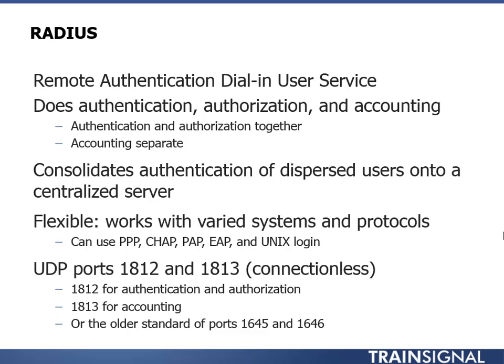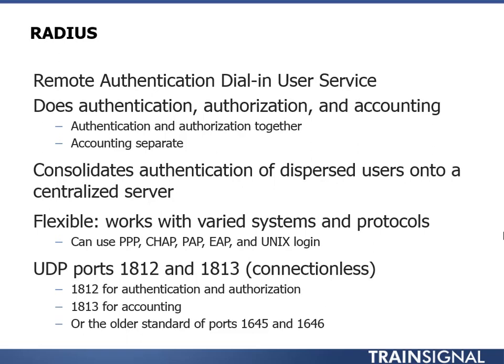But basically RADIUS allows dozens or hundreds of different dial-up servers, VPN servers, networking equipment to check the credentials of devices that want access against a central server. And because it's old and open and standardized, it works with just about everything. Unix machines, all sorts of VPN servers, Active Directory. In other words, you can log into a dial-in server or a hardware VPN device and go through a RADIUS server to authenticate to a Microsoft Active Directory domain controller.